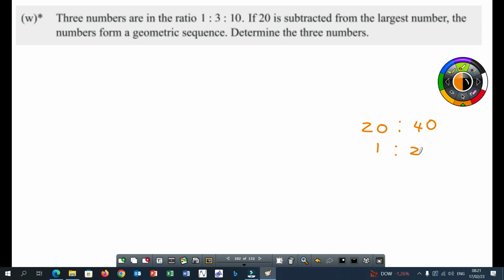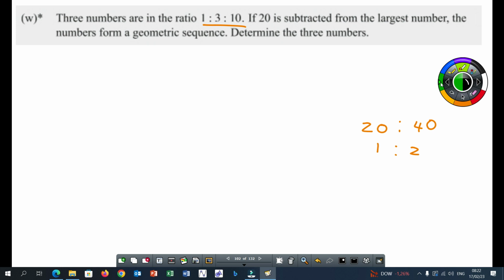Okay? So from this ratio here, what it means is the first term is going to be the smallest. Then the one which is related to that 3 is going to be the second term. Obviously, the one which is related to that 10 will be the third term.